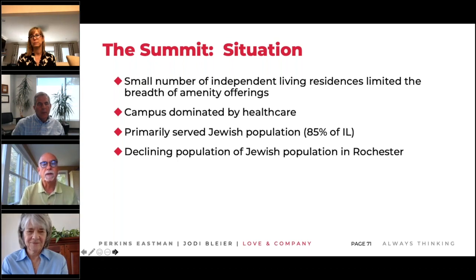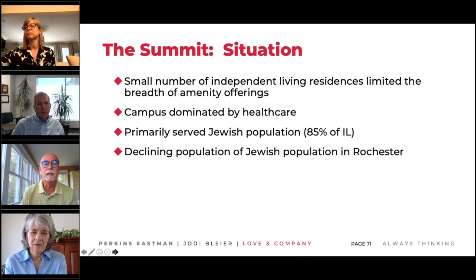So this is a client of ours. This is Jewish Senior Life in Rochester, New York. And they have had a significant major campus, heavily healthcare. They just, with us, completed converting their 400+ nursing campus into a greenhouse model, both with new construction and renovation.